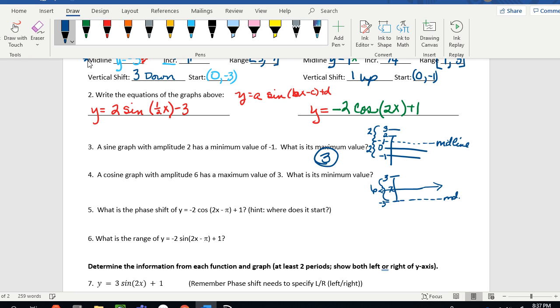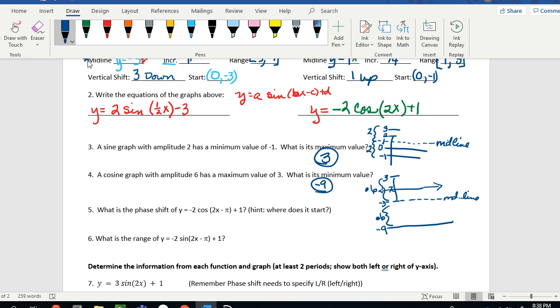Here's your midline. Then it has to go down 6 more. We don't call amplitudes negative, I shouldn't have said that. But you go down 6 more, and that's going to put you at -9. So the minimum value is -9.